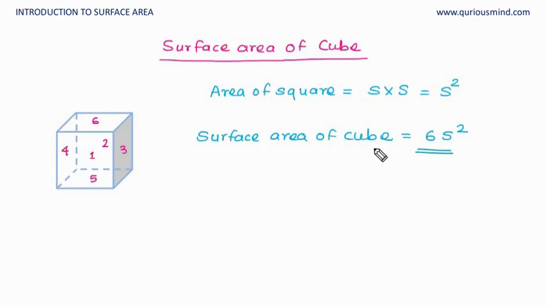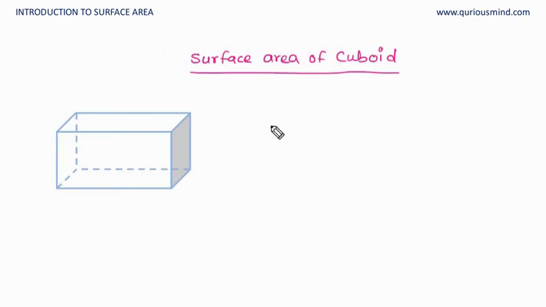Now let's find the surface area of a cuboid. So we have a cuboid, and as we know, a cuboid has a rectangle in front, back, top, bottom, side, left and right. So let's give names to these dimensions. This is my length, this would be my breadth, and this is the height.